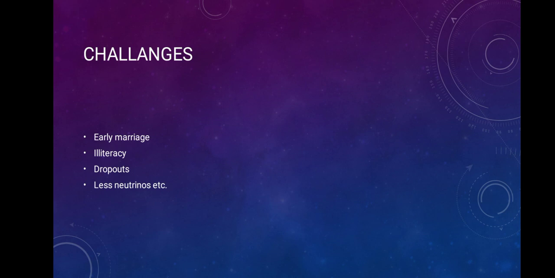Next is school dropout. A big part of the population leaves school. It means they are not able to complete their schooling due to poverty. And this is the main reason for illiteracy and early marriage.